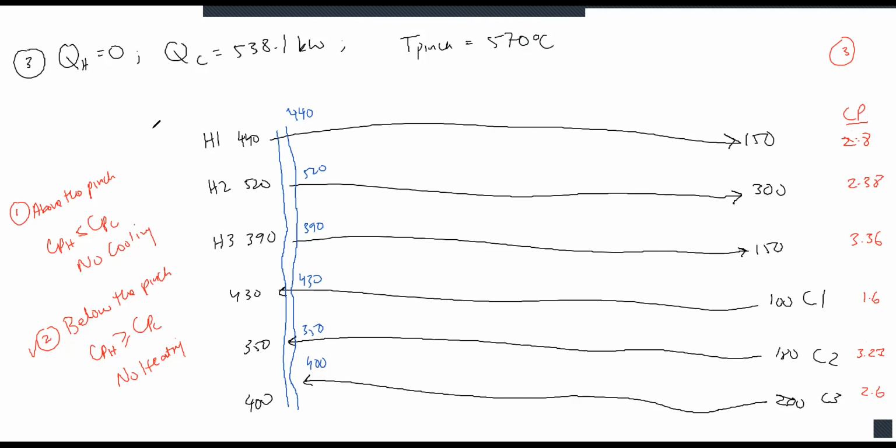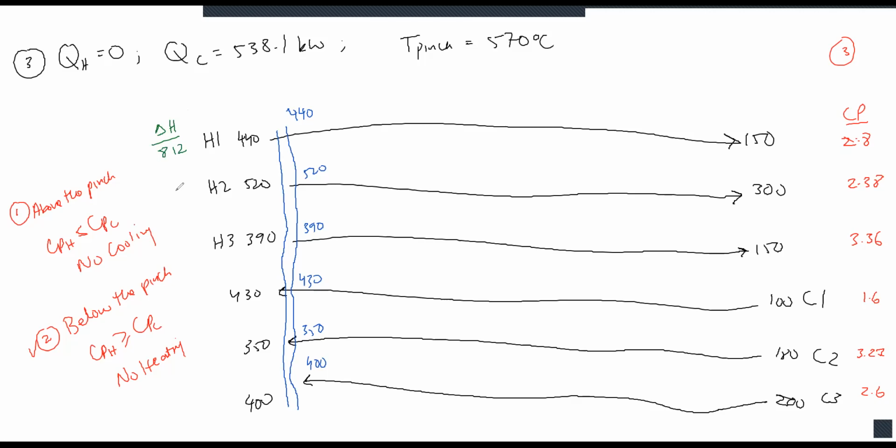I'm going to put it on this side because of space. For H1, I have 440 minus 150 multiplied by 2.8. This is 812.